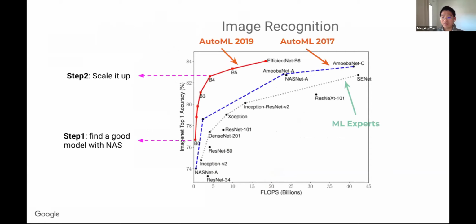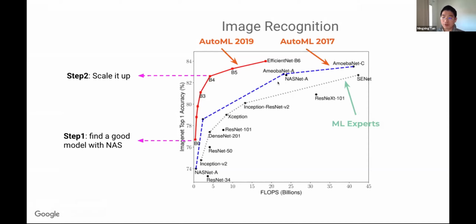To give you a sense of what kind of progress we have made in the past 3 or 4 years for AutoML, especially for neural architecture search, in this figure, we show 3 curves. The bottom curve is hand-designed neural networks, including ResNet, DenseNet, SENet, and all these famous hand-designed networks. In the middle is the first-generation AutoML models. We call them NASNet and AmoebaNet.